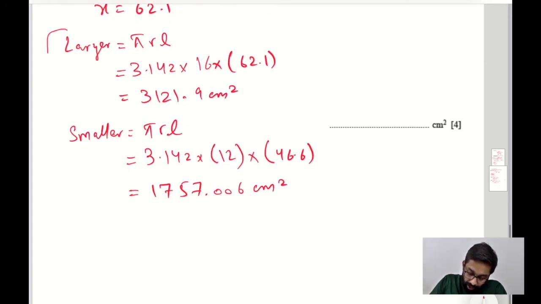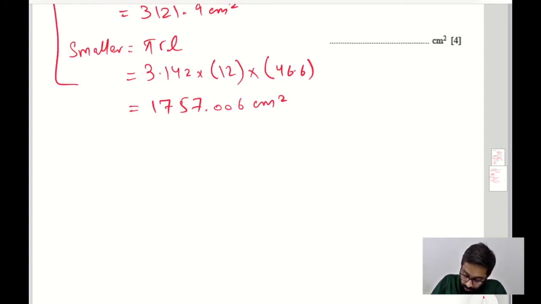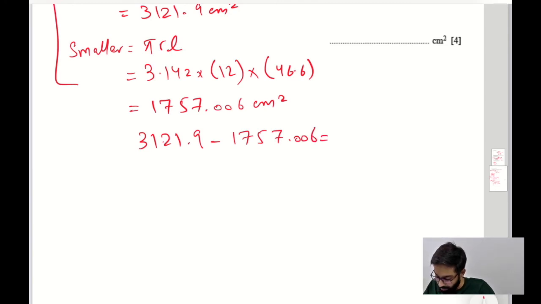Now let's subtract these two. So larger minus smaller, 3121.9 minus 1757.006 gives us 1364.9, if I'm not mistaken.